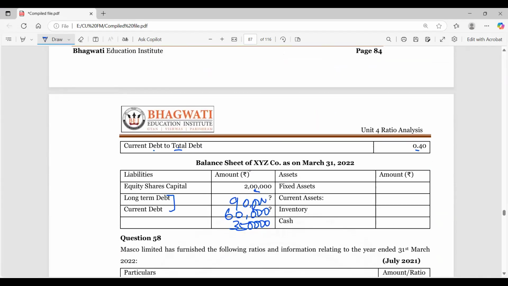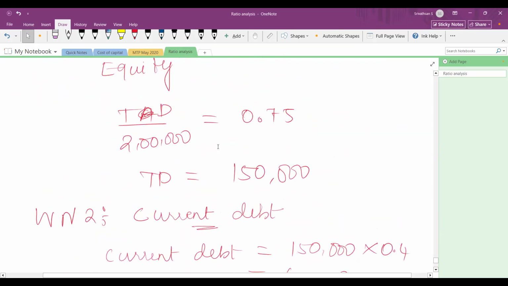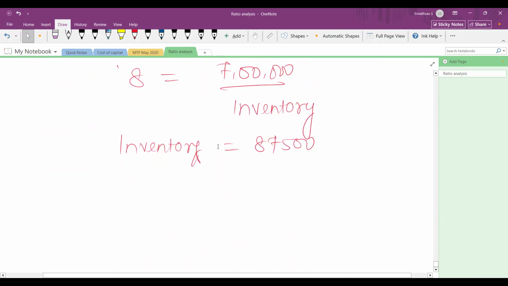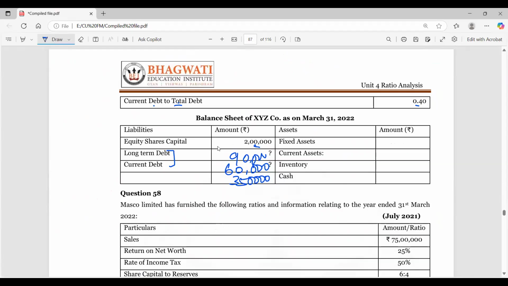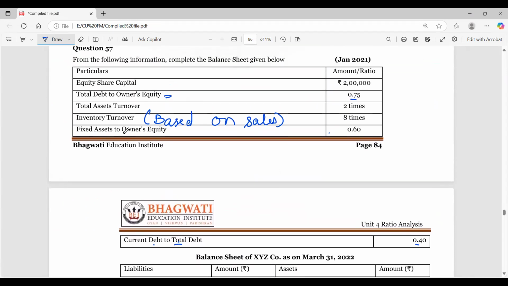So what do we have? Fixed asset, did we calculate? Fixed asset is not calculated. Now we know the amount of inventory. Then what? Fixed asset to owner's equity is given.